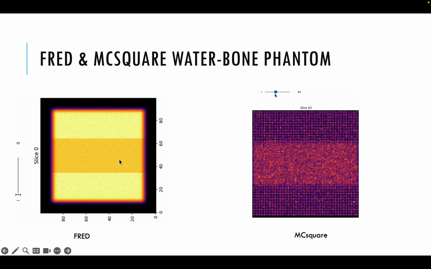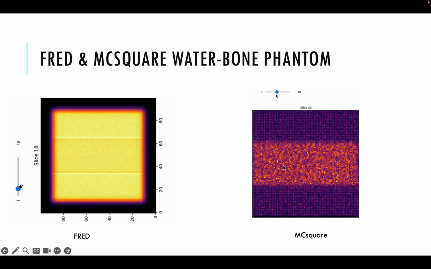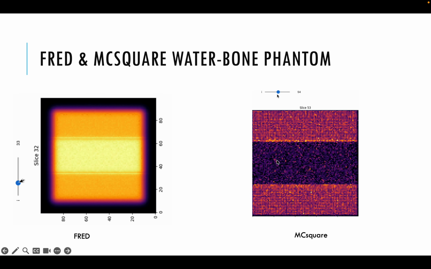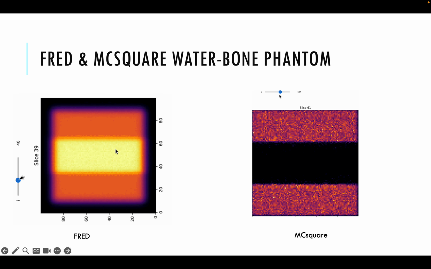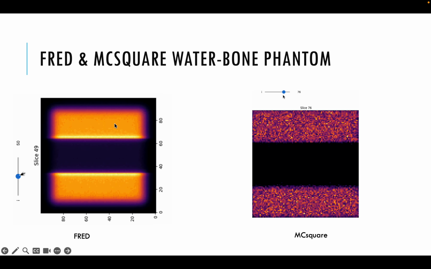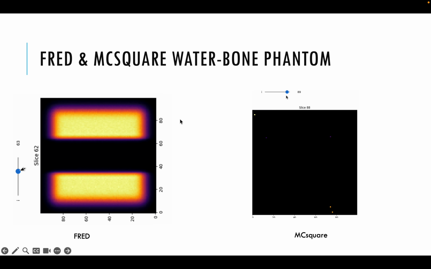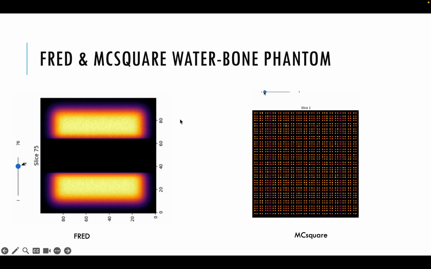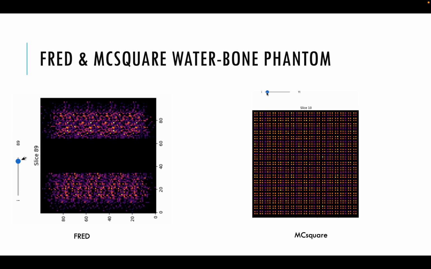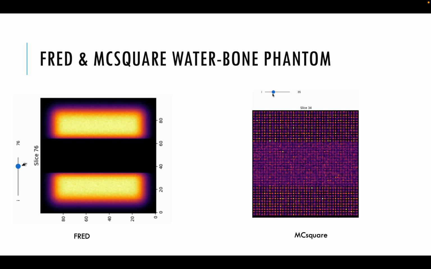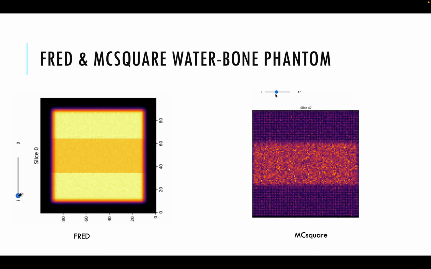So here you first get the Bragg peak in the bone, and then in the water. So you get two Bragg peaks, which was quite an interesting observation, and I was really happy that I was able to reproduce this.